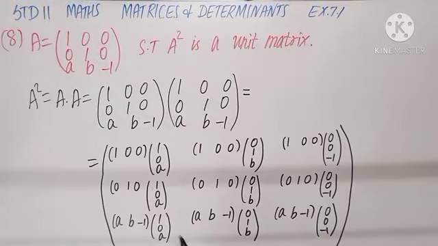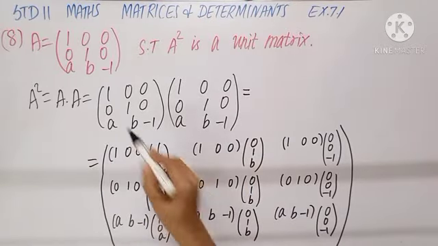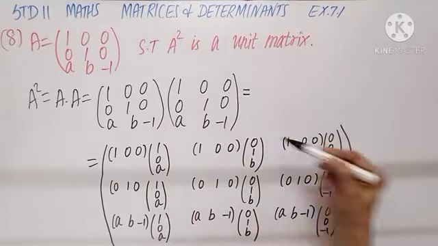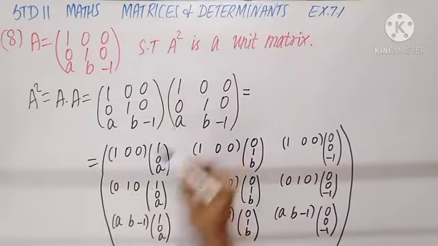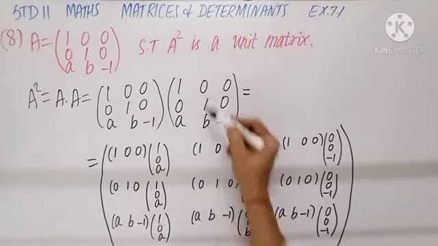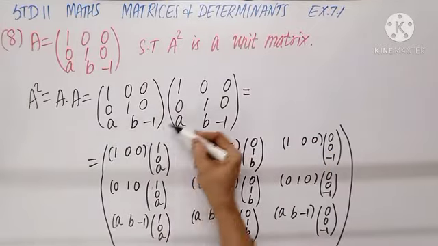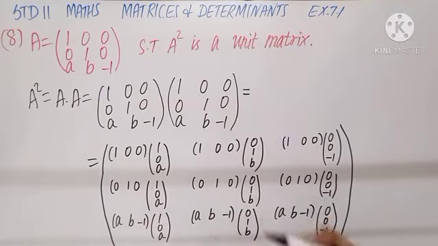For clarity, we have written first row by first column, first row by second column, first row by third column. In the same way, second row by first column, second by second, second by third, third by first, third by second, third by third.